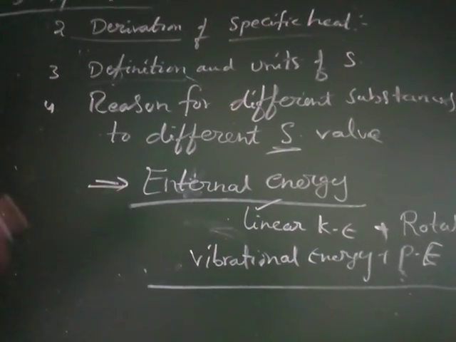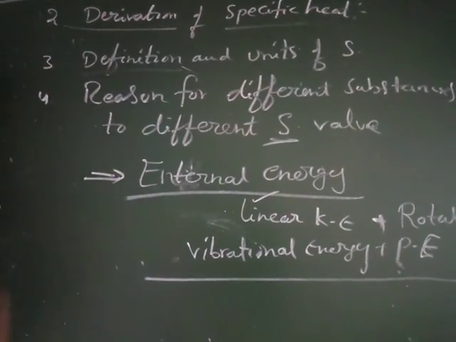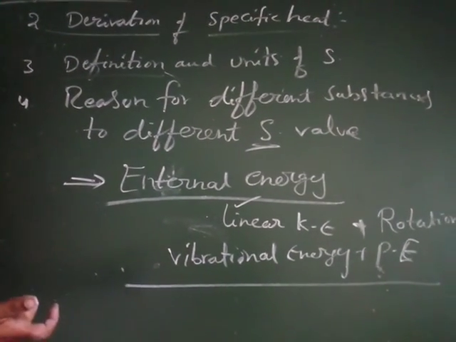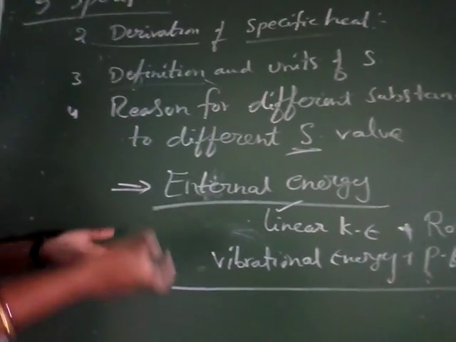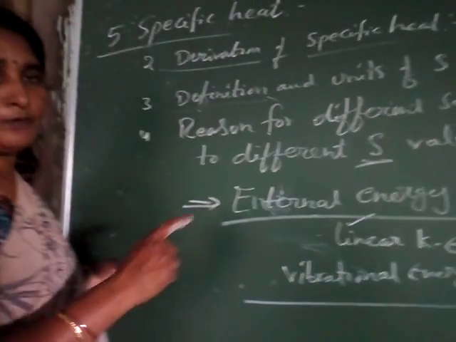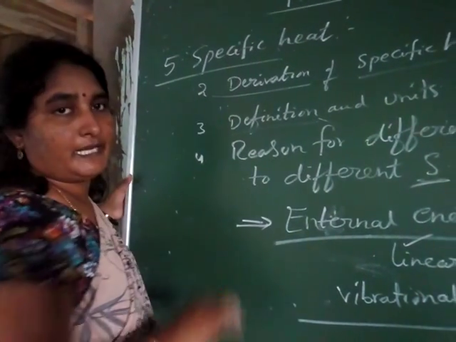That means kinetic energy depends upon the internal energy of the substance. If the internal energy increases, the temperature increases and kinetic energy increases. Already we know there is a proportional relation between kinetic energy and temperature.